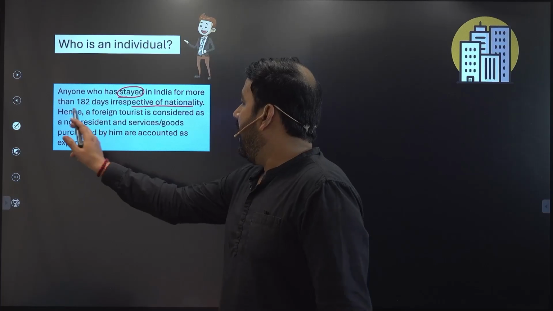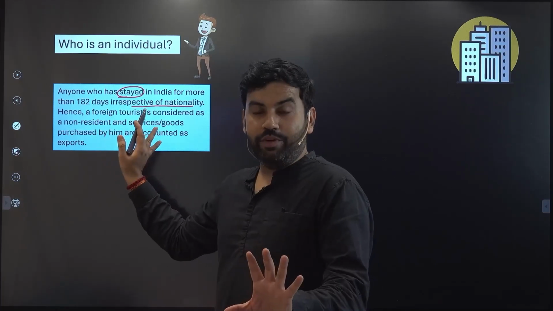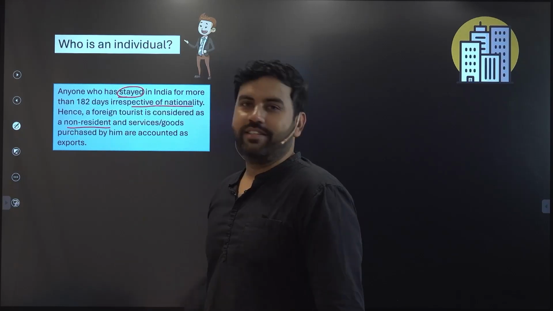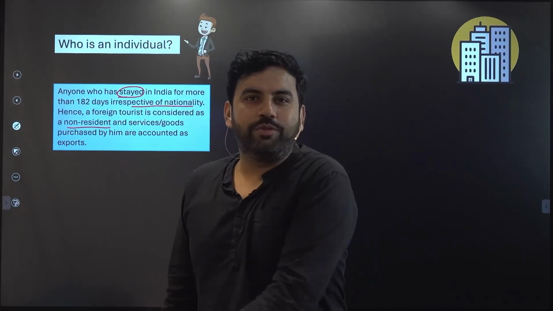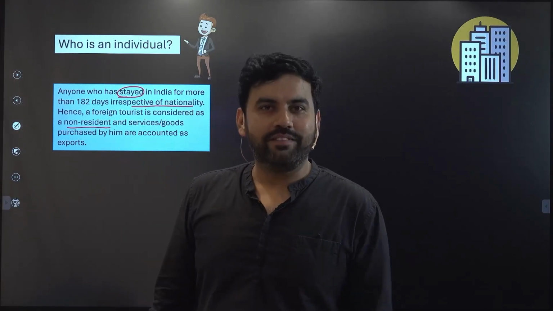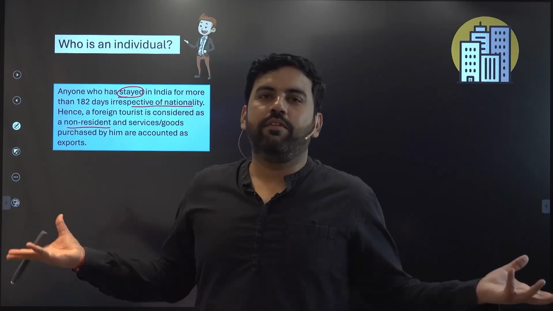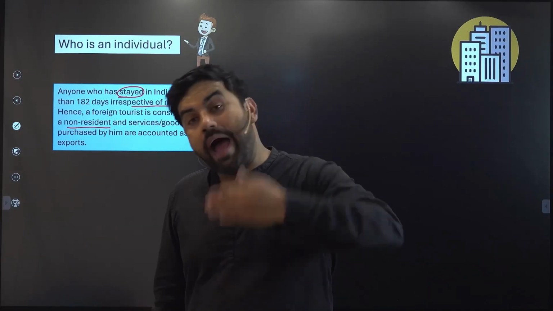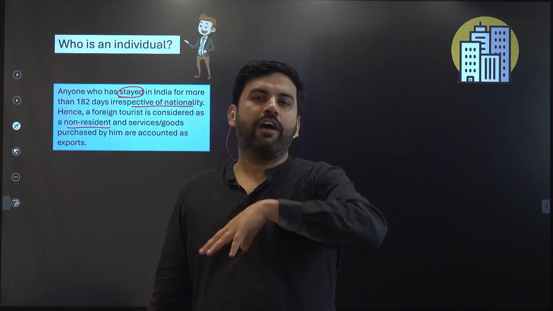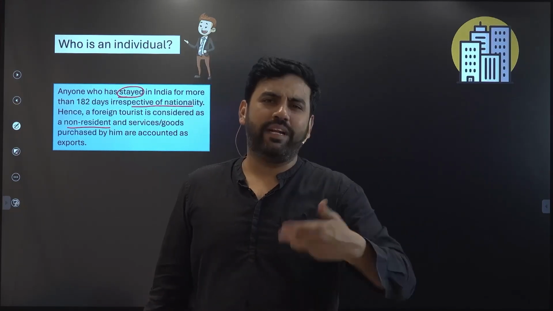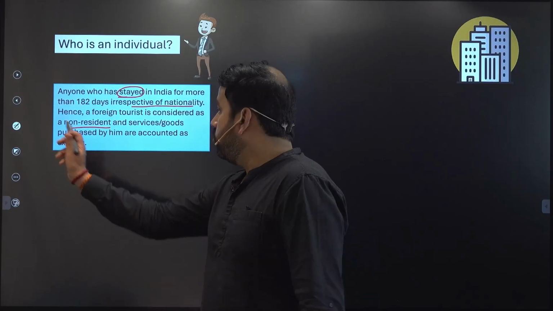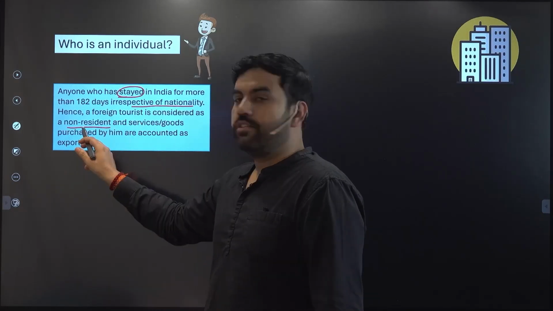So a foreign tourist is considered a non-resident, because no foreign tourist is going to stay in India for more than 6 months. Even Bharat Darshan is not possible for him throughout 6 months, so he will go back to his country and apply for the visa again. With a single entry, he's not going to stay here. So a foreign tourist is considered a non-resident.